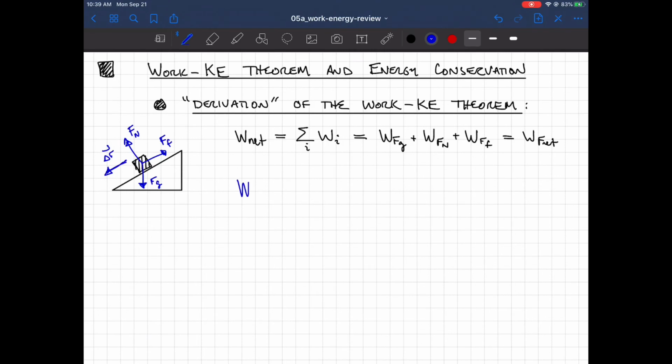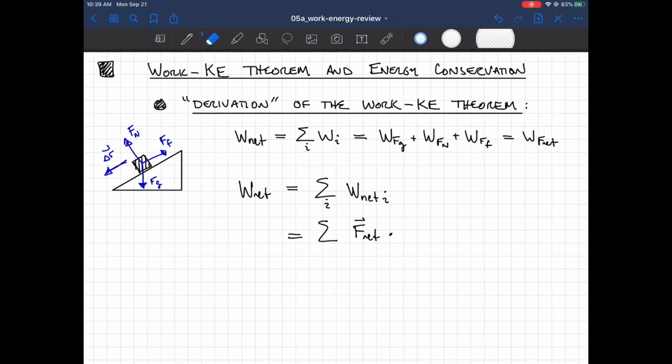So the net work, in general, is equal to the sum. If we separate it into little chunks of the net work over some little segments, that's going to be equal to the net force at a particular segment i dotted together with delta r at that i.